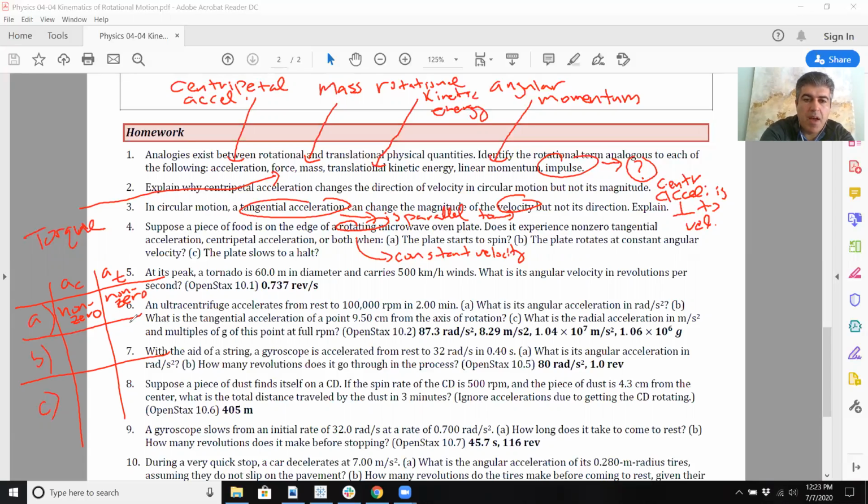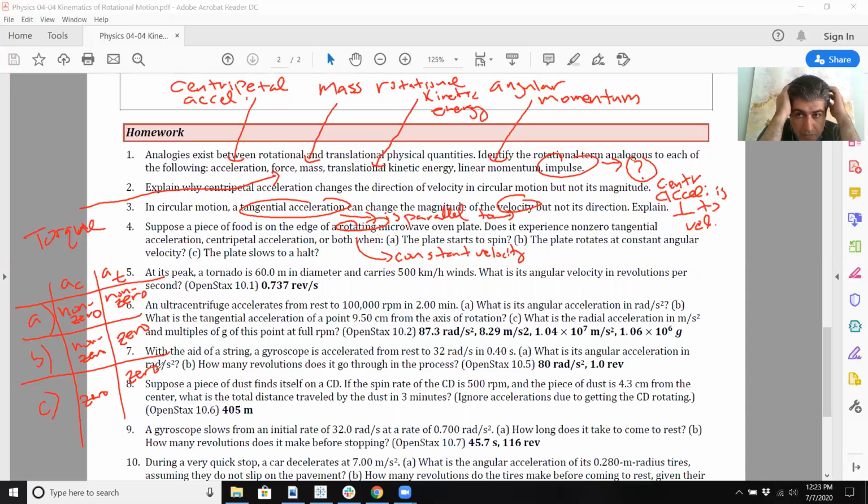But then when it's at constant angular velocity, that will be 0. But this will be non-zero. Because remember, the direction's changing. And of course, when it comes to a halt, they're both 0 in this case.